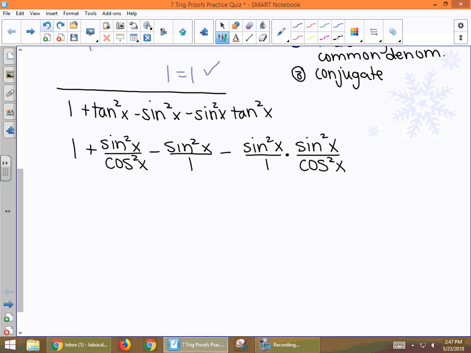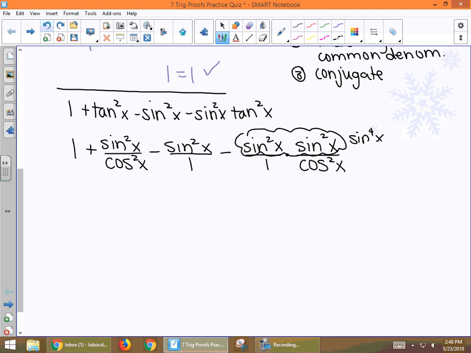And now that I've gotten to sine to the fourth, I'm thinking that maybe this wasn't the best path. So if you started with this and got to sine to the fourth, I might take a break and go back and look for those Pythagorean identities.